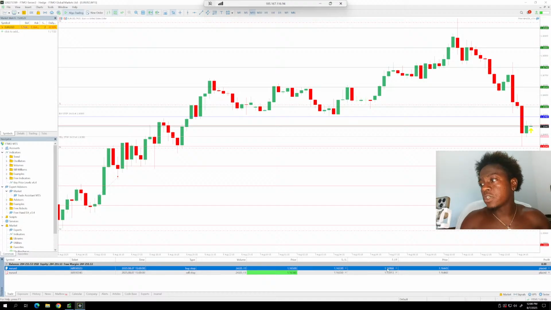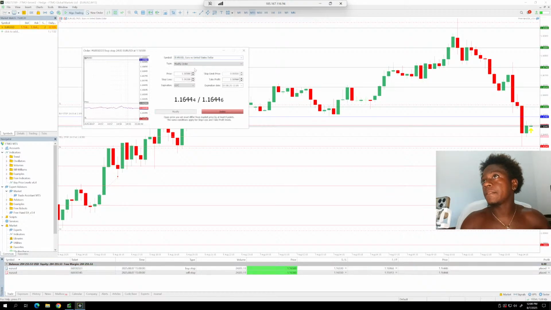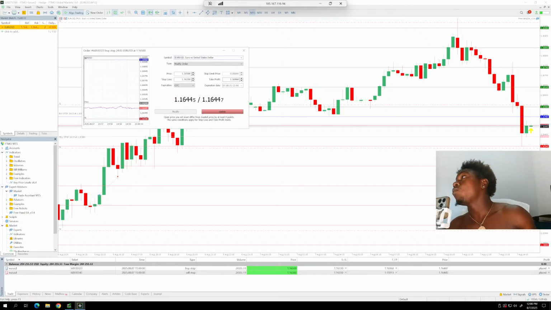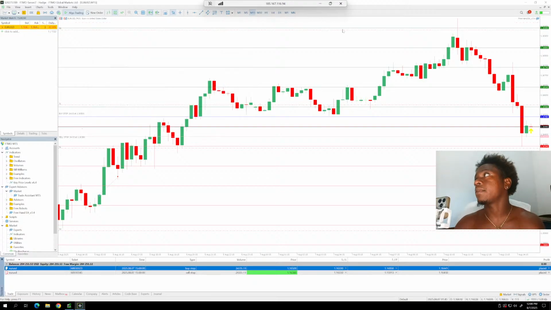So first things first, let's go ahead and modify our TP, which I have to continue working on. We want it to be 1 pip below this green line, which is 1.16940. So that's going to give us 1.16930 as our TP. 1.16930. And we're going to modify that.